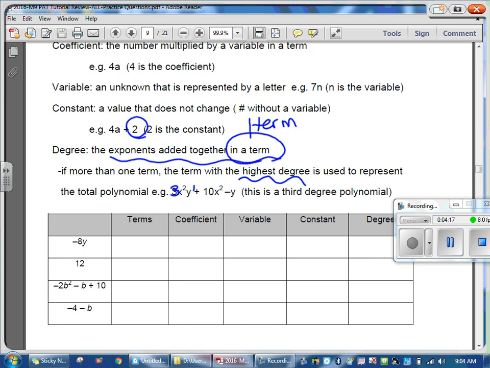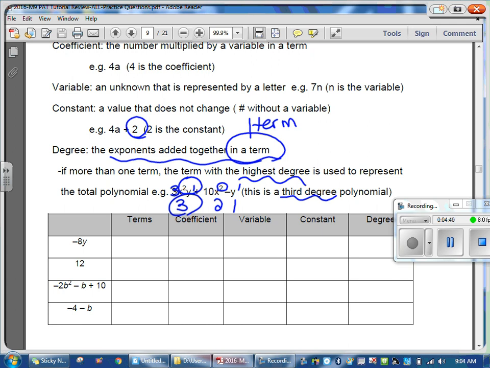So I'm going to add the 2 and the 1 for the exponents. I'm going to get a 3. So this guy's called a third degree or a degree 3 polynomial because the variables sitting side by side, we added their exponents. And you can only add them if they're sitting side by side to create the degree.